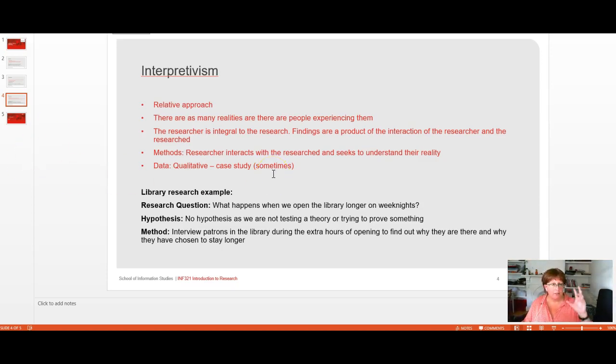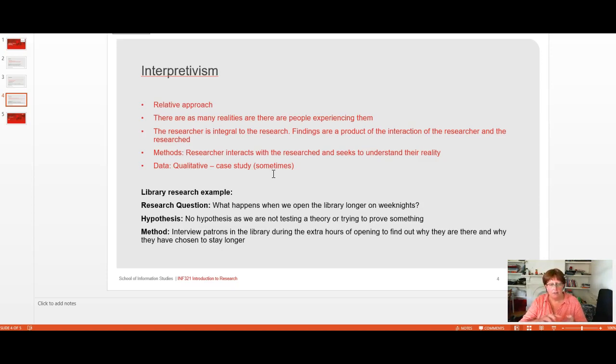So in this sort of interpretivist research, the researchers are in there with the participants. They're asking them questions, they're sitting them down, they're talking to them, they're doing interviews, they are exploring their experiences by talking to them. So we're looking now at qualitative data. Now, you might have a little bit of quantitative data in there. You might say, okay, 10 people stayed for the extra hour.